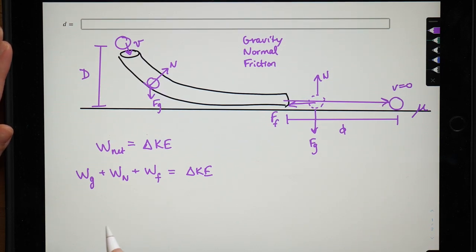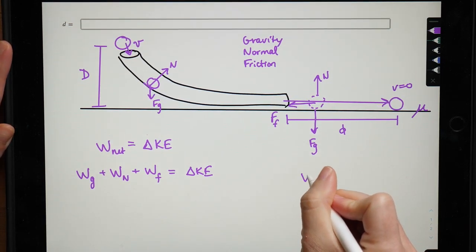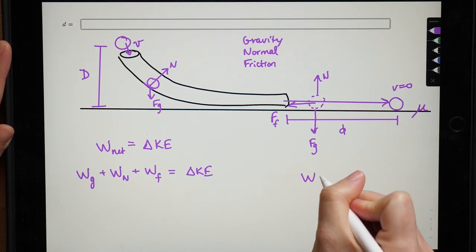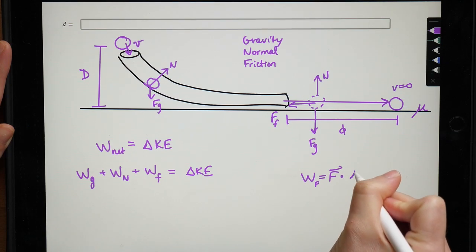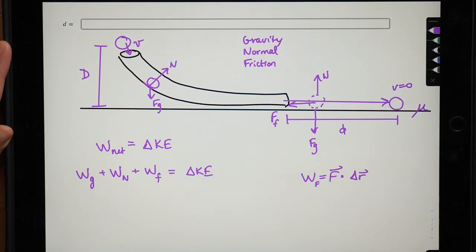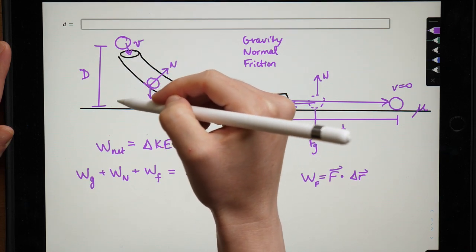So what's the work done by gravity? Well, we know that the work done by some force is that force dotted with the displacement of the object. So gravity is always acting straight down.